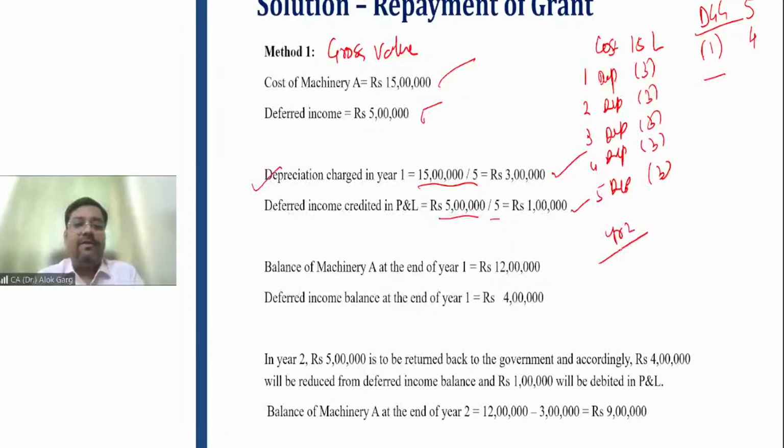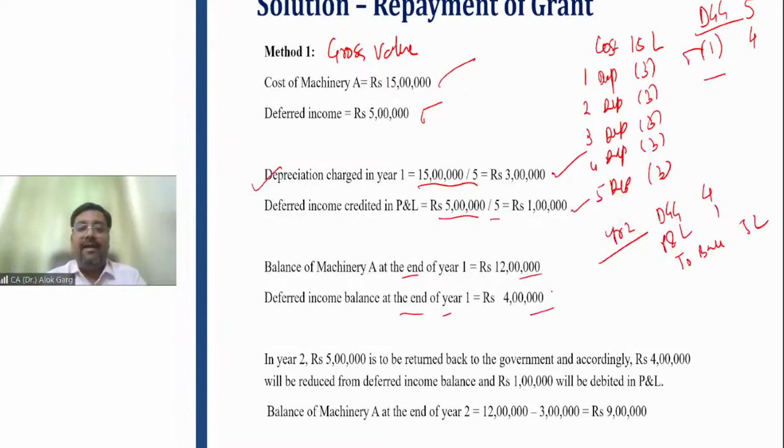The accounting entry is simple. The deferred government grant balance, which is lying at 4 lakh rupees, is debited, and to bank, the entity has to pay 5 lakh rupees. The difference will go to the P&L, 1 lakh rupees. As simple as that. Why? Because this 1 lakh rupees has already gone to P&L in year 1. So the balance of the machinery at the end of year 1 is 12 lakh rupees.